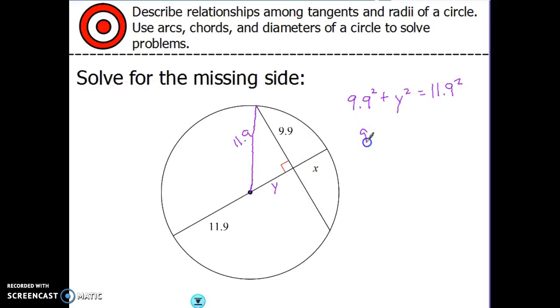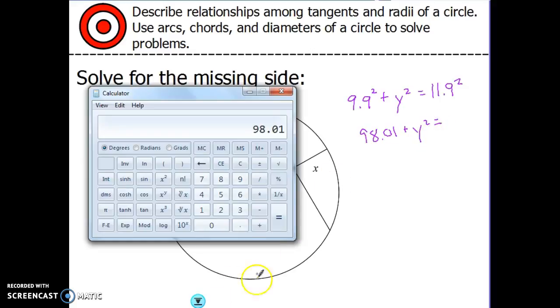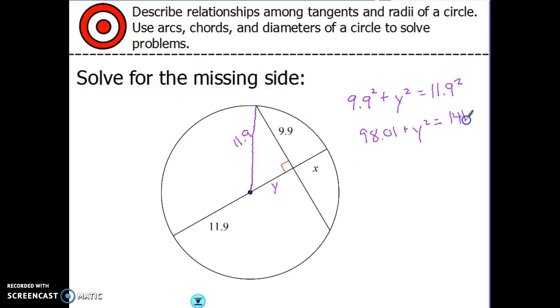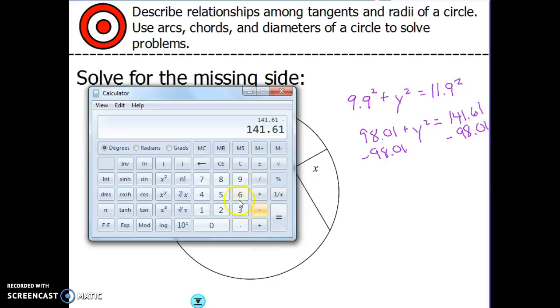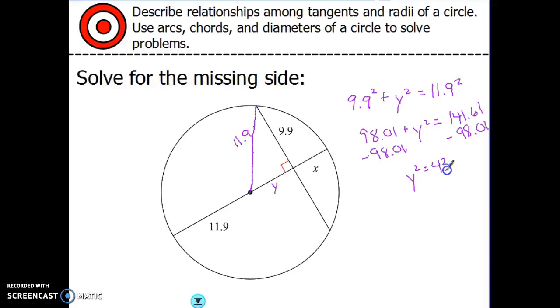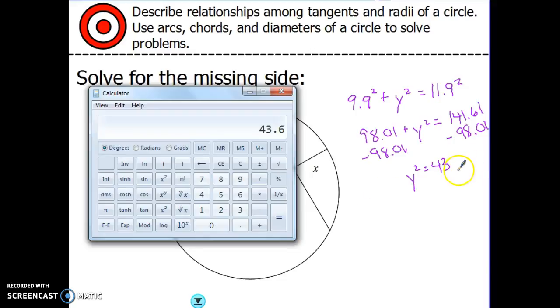That's going to be 98.01 plus y squared equals, and then let's do 11.9 squared. That's going to be 141.61, and then we'll subtract these. So I need to do 141.61 minus 98.01. That's going to give us 43.6.